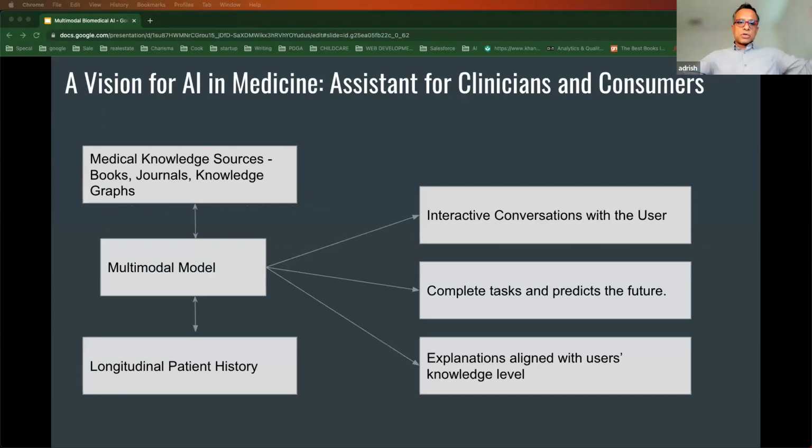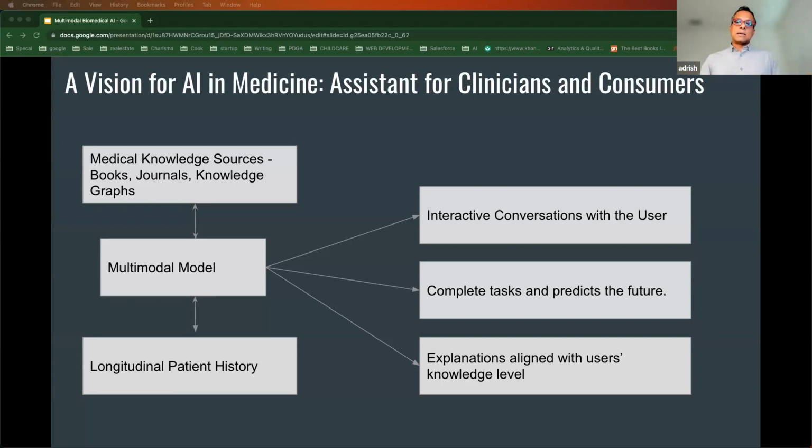So what's the overall vision? The overall vision is to have a medical assistant. A medical assistant could be two things. One is for us, as consumers, where I can ask a question about my symptoms and get the results back. Instead of asking questions to Google, you can ask questions to a much more clinically aligned chatbot or voice bot so that I can get my answer back.